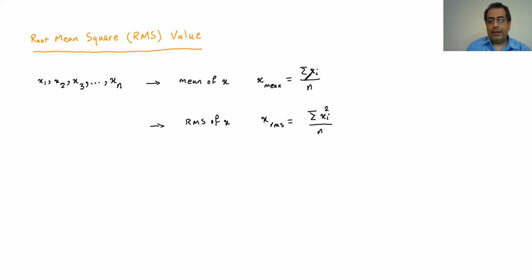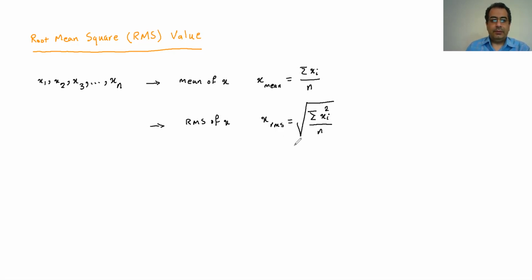So in the mean we add the values divided by n. Here we add all the squares of them, not the square root, divide by n, and then we take the square root of that entire value, whatever it is. So this is the root mean square.